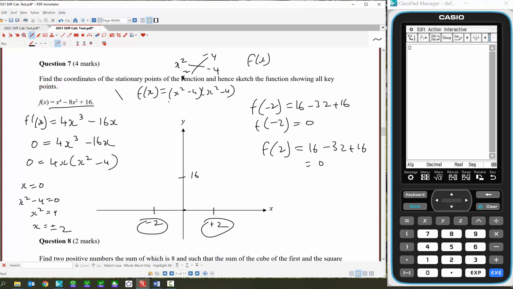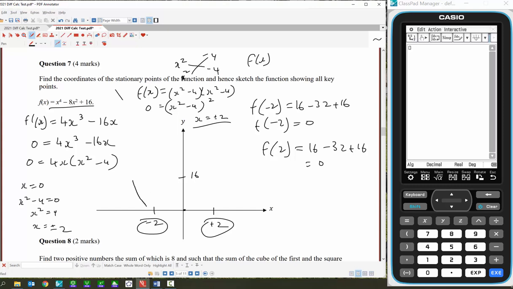And we can see that if I set that to 0, we're going to get x equals -2. So that gives us the x-intercepts. So we know that the x-intercepts are 0 gradient points as well. So yeah, a few different ways of doing this, but it was a difficult graph, no doubt.